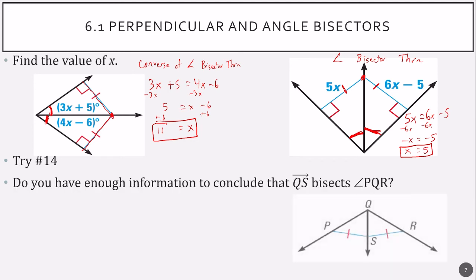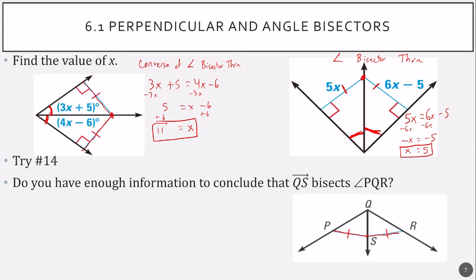Hope you got number 14. Let's try another problem. Do we have enough information to conclude that QS is the perpendicular bisector for angle PQR? Well, they appear to be the same distance there, but wait, how do you measure distance?